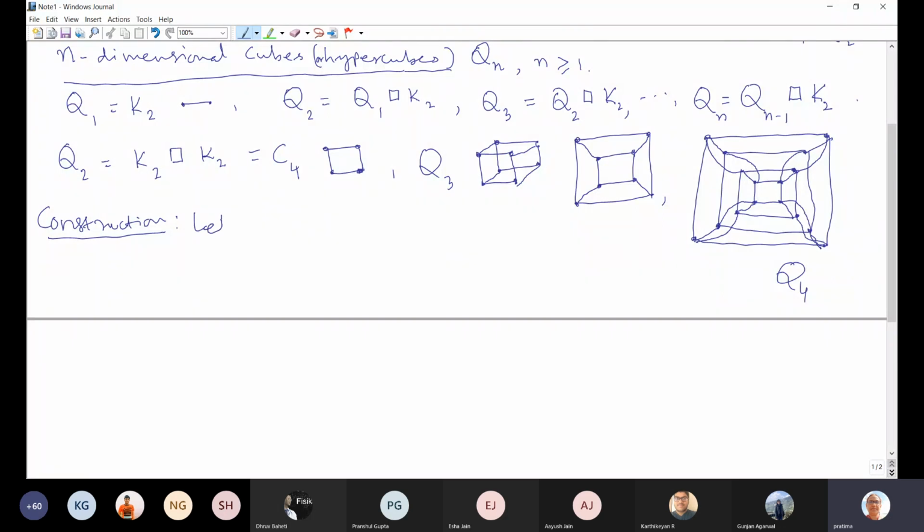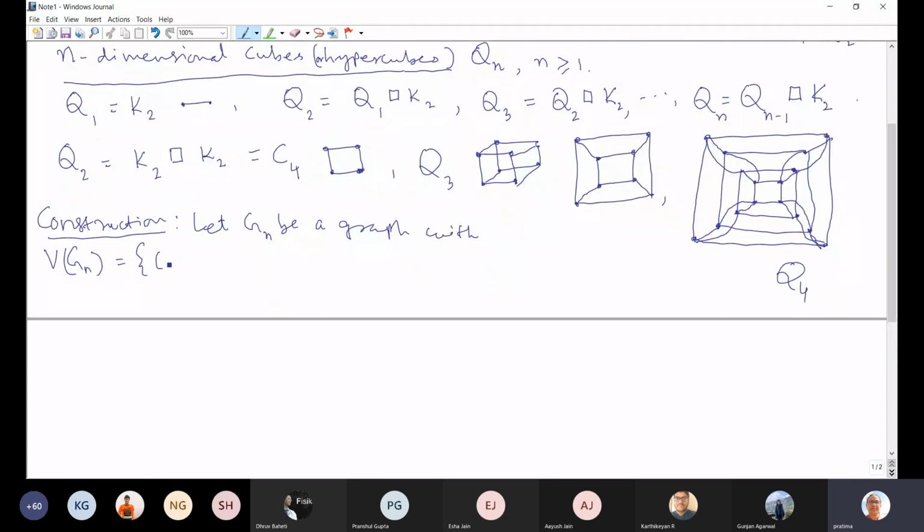Let Gn be the graph with vertex set of Gn being all n-tuples of 0s and 1s.